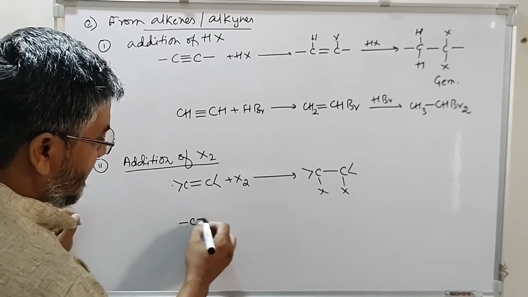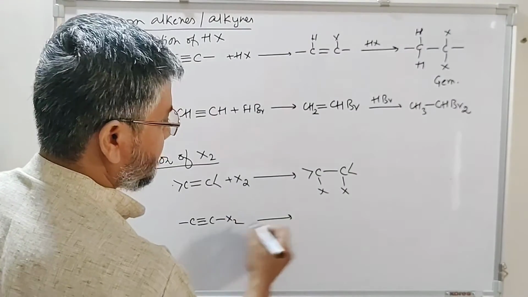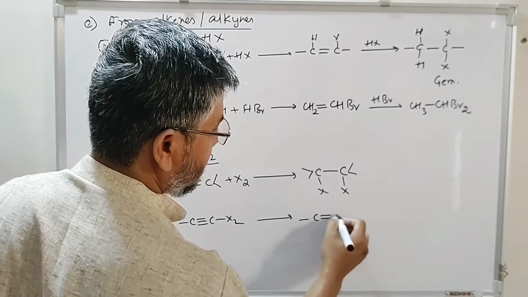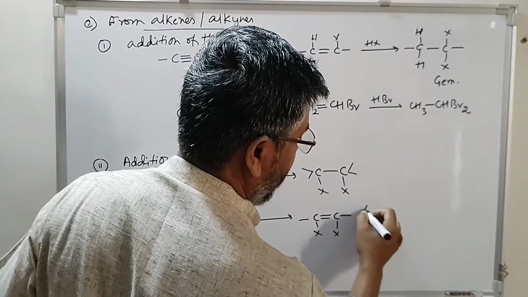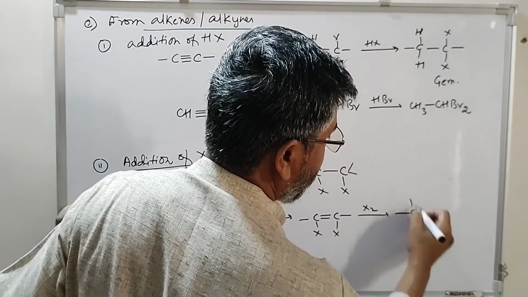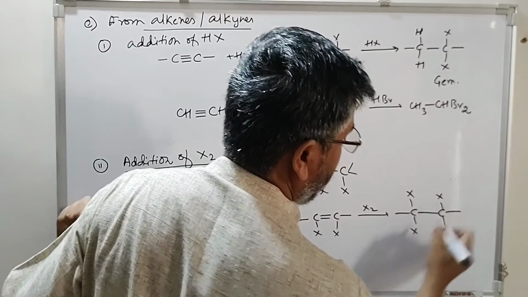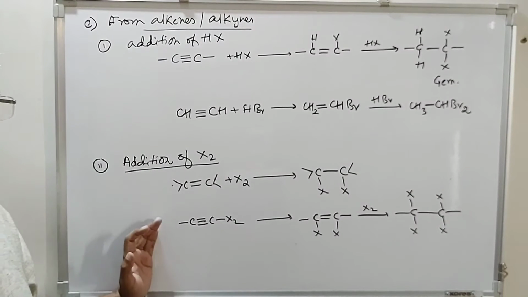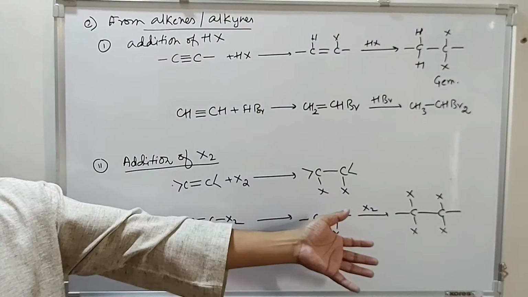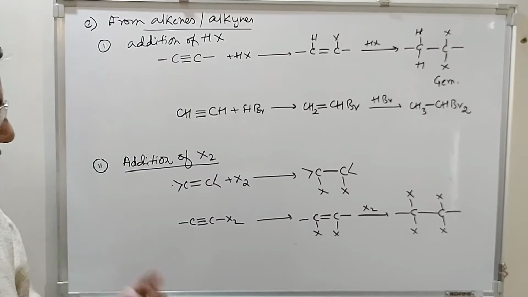Similarly, we can take alkynes reacting with halogen. The only difference is that 2 moles will react. Simply this is an addition reaction. Tetrahalides will be formed. So both alkene and alkyne can be converted into polyhalogen-substituted alkanes by addition reaction with X2.